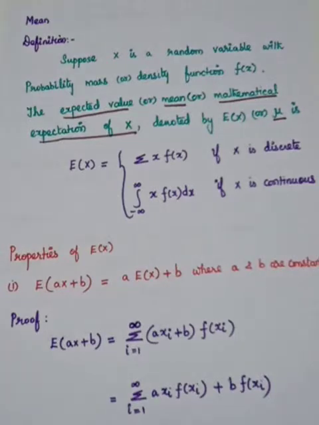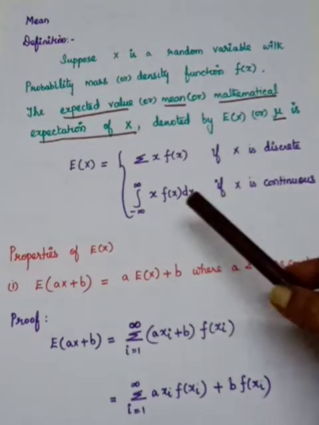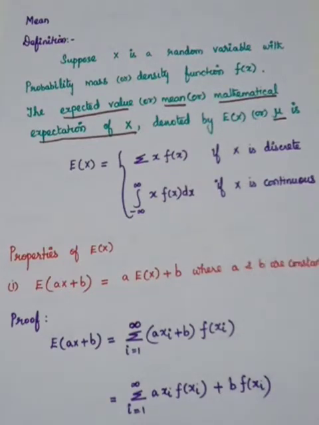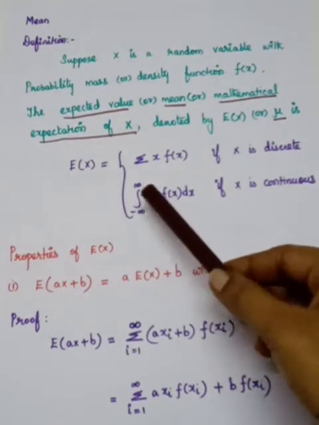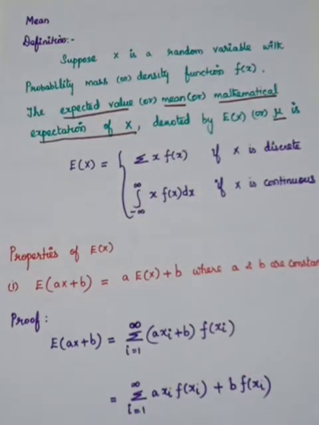So you have to multiply x and f of x and add the products. If x is continuous, you have to use the integral from minus infinity to plus infinity of x into f of x into dx. Okay, so E of x, we have some properties.